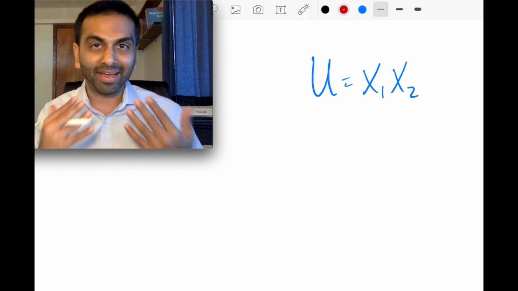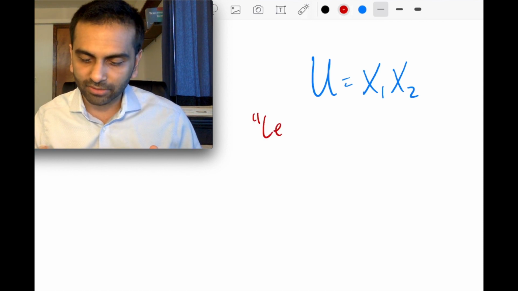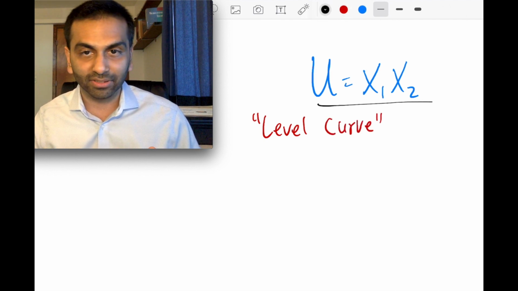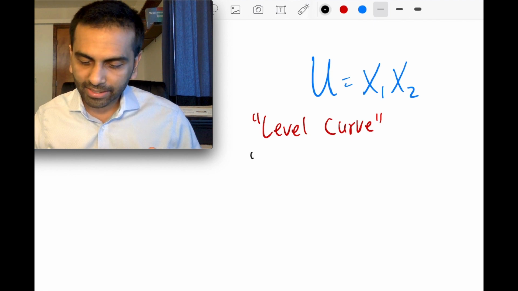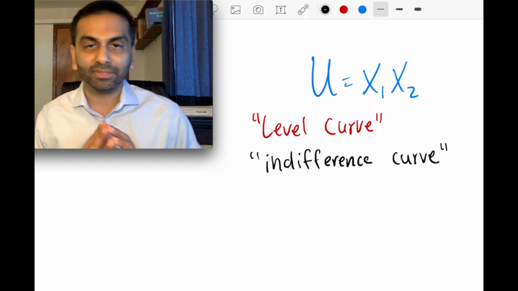And the way a mathematician would do this is what we call a level curve. It's called a level curve in pure mathematics, and specifically applied to the context of economics and utility, it's called an indifference curve. So here's what this is.